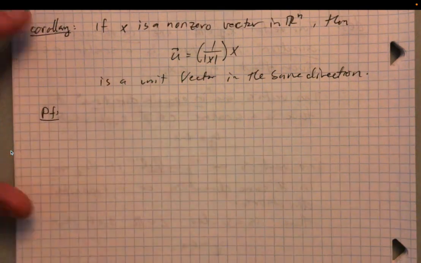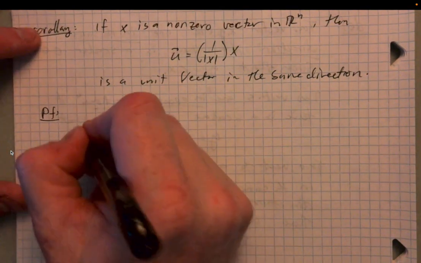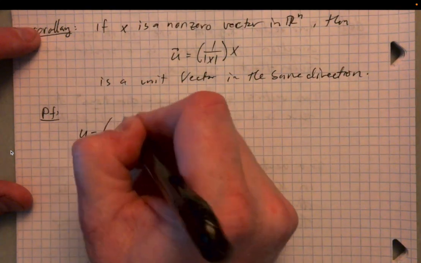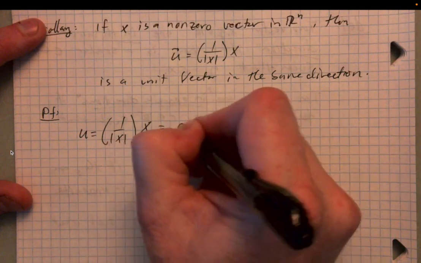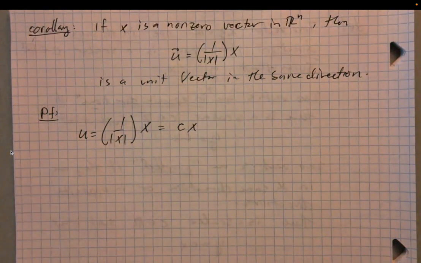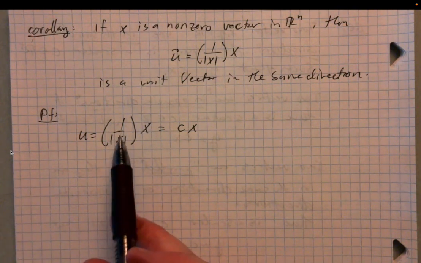This is a simple proof that uses what we just talked about. So u is equal to 1 over the norm of x times x, which is equal to c times x. So this is a constant: the norm is always just a real number.